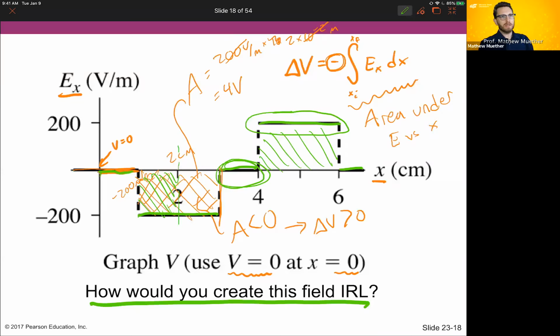If you have an idea, go ahead and raise your hand and you can tell us what you think. How would I build a device or a set of devices that would create this kind of electric field? No ideas?